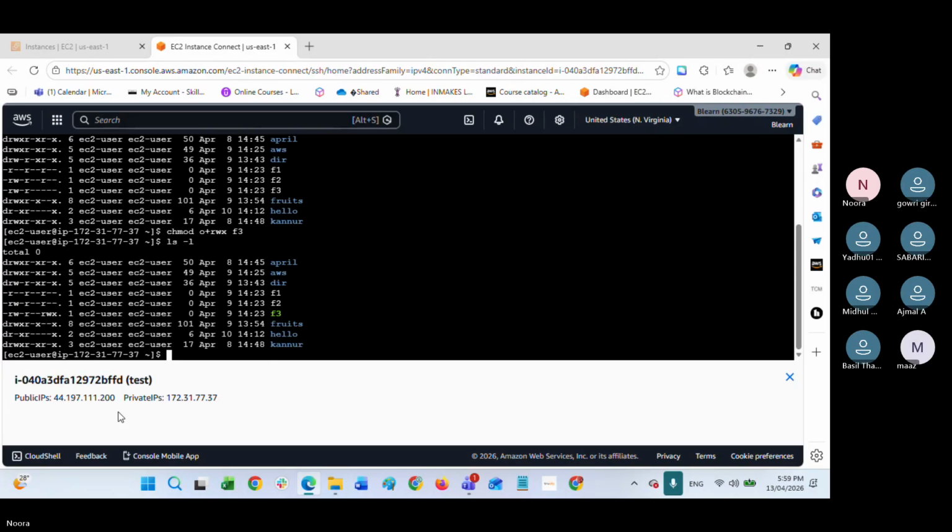We can do it on different categories, like add something in others and remove from users. Yes, you can do that, no problem. So you ask one question saying that you want to add execute permission to the user or something of that sort, so that they'll give you the command.